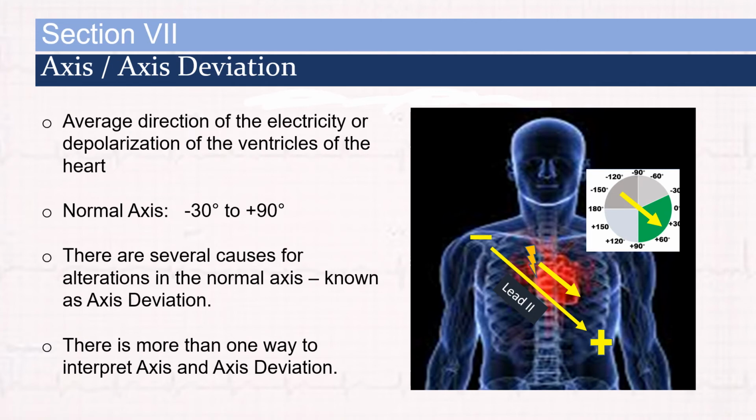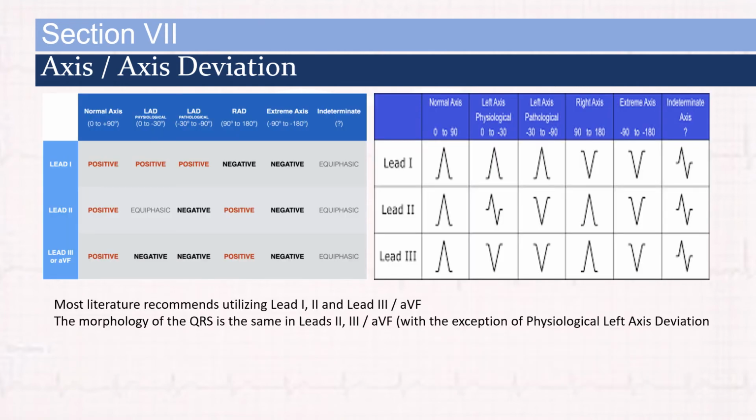There is more than one way to interpret axis and axis deviation. However, we are going to go over one or two ways in this presentation. Most literature recommends utilizing lead 1, lead 2, lead 3, or AVF to determine axis or axis deviation.